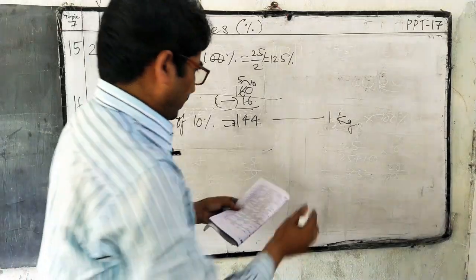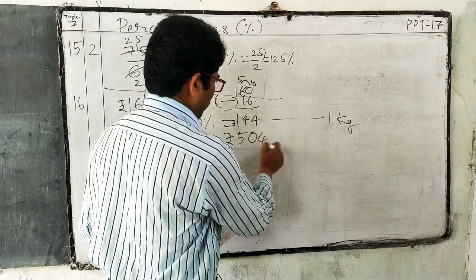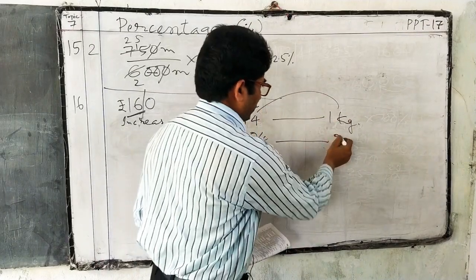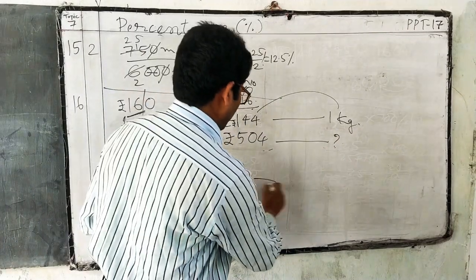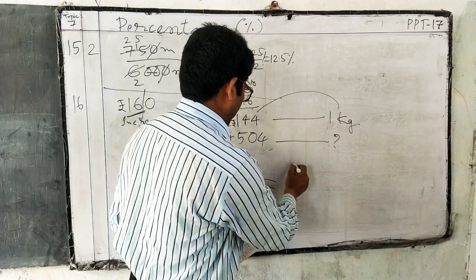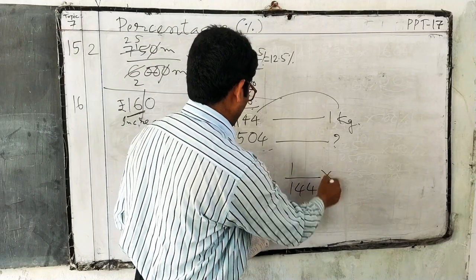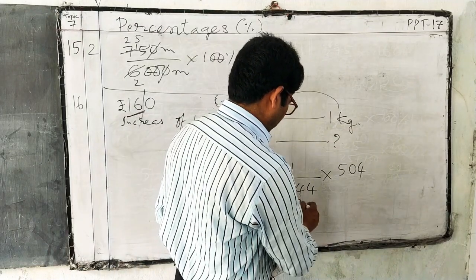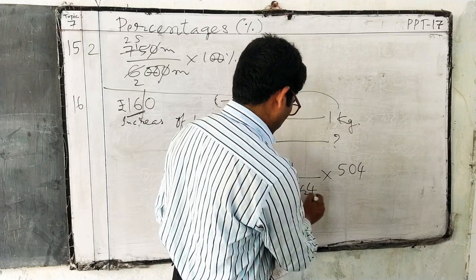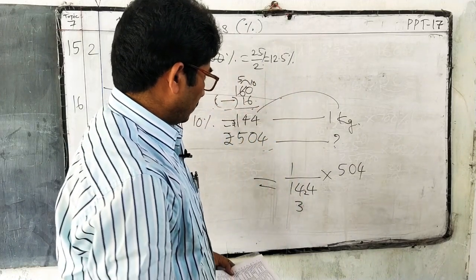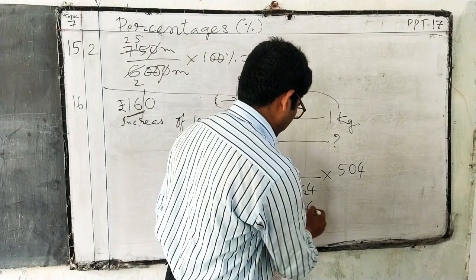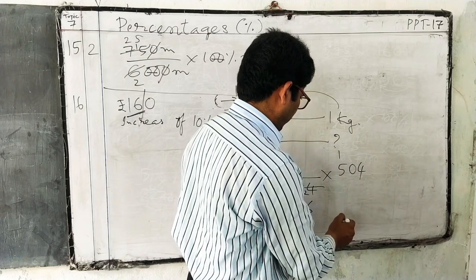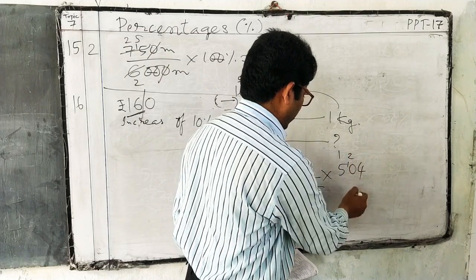How many kgs for ₹504? So we have to find this question value using the unitary method: 1/144 into 504. 4 2s are 8, 4 3s are 12, 4 6s are 24.